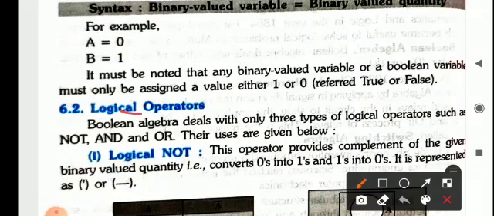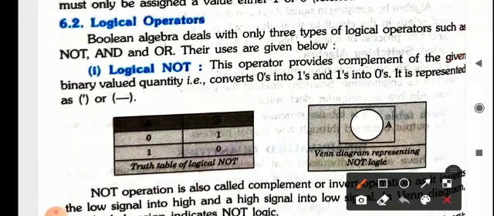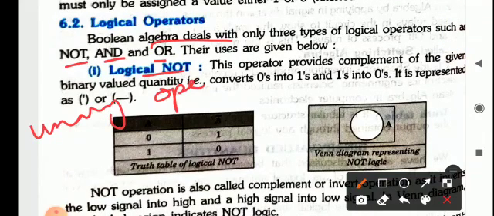Now next is the logical operator. Logical operators deal with only 3 types: NOT, AND, OR. Logical NOT is a unary operator. Unary means it works on a single operand. Basically, what logical NOT does is reverse the input value.